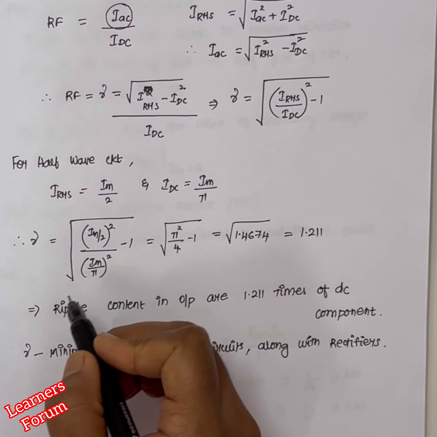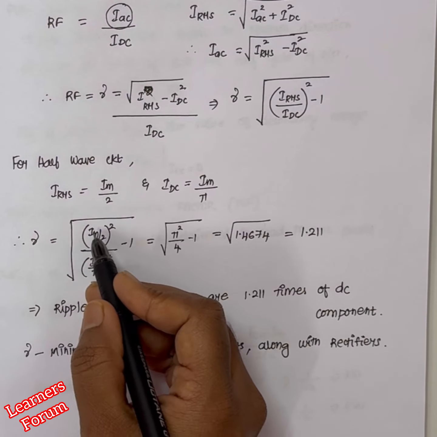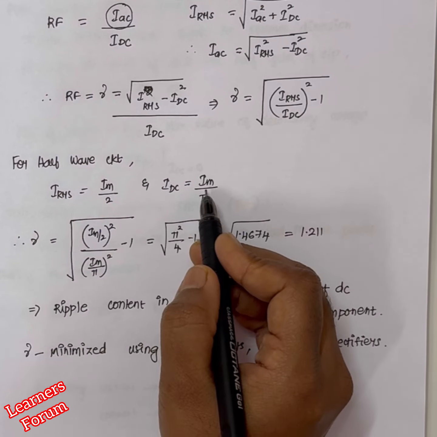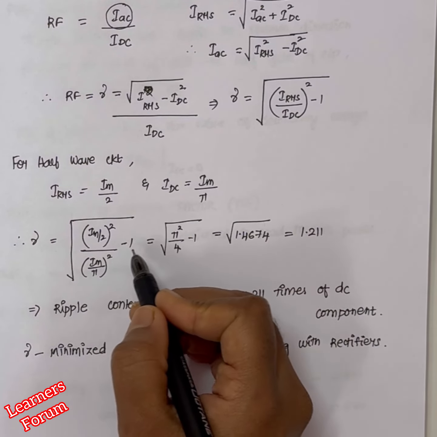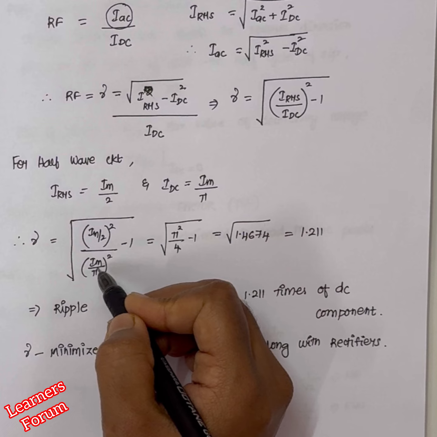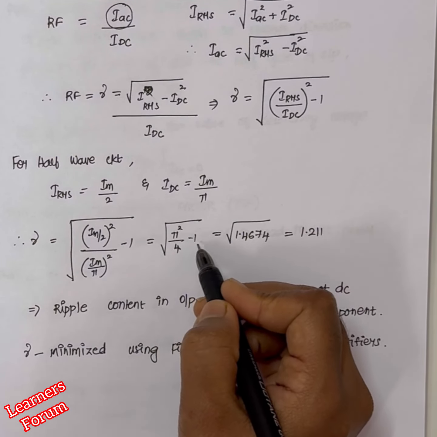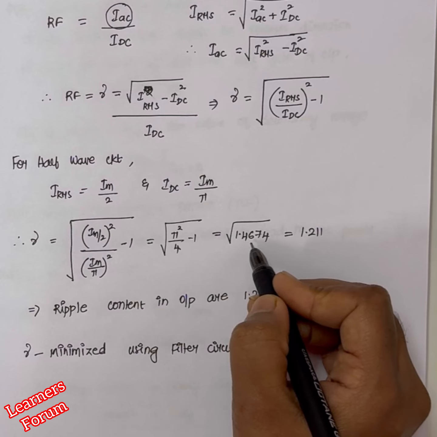Substituting that, we will get gamma equal to the square root of, instead of IRMS, IM by 2 the whole square, and instead of IDC, IM by pi the whole square, minus 1. So this IM square will get cancelled, and the remaining value will be the square root of pi square by 4 minus 1, which is the square root of 1.46.